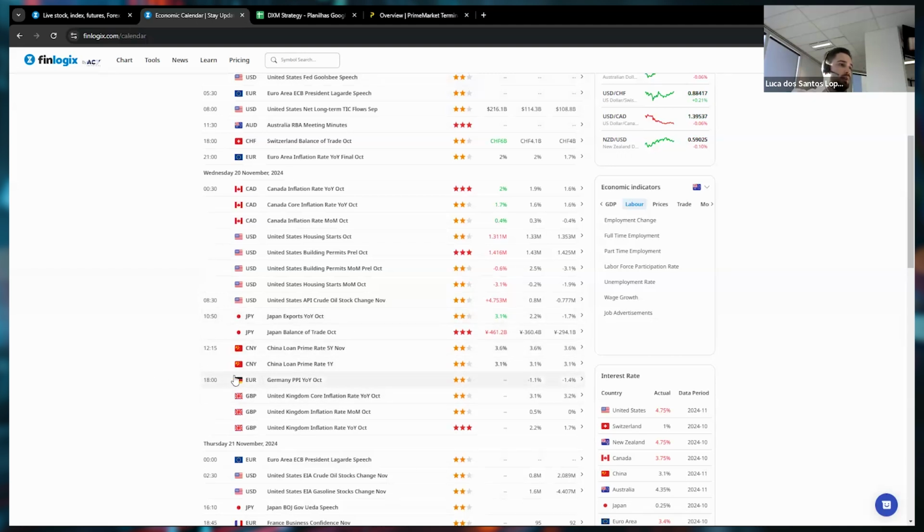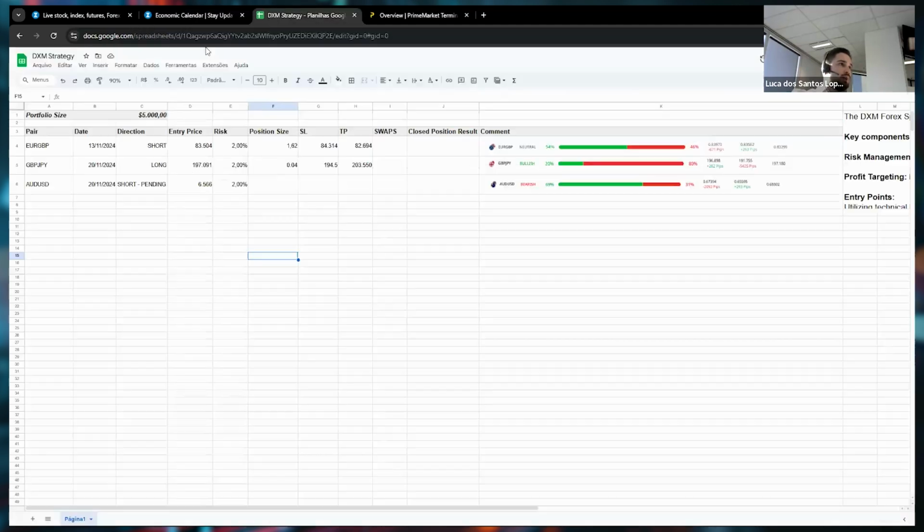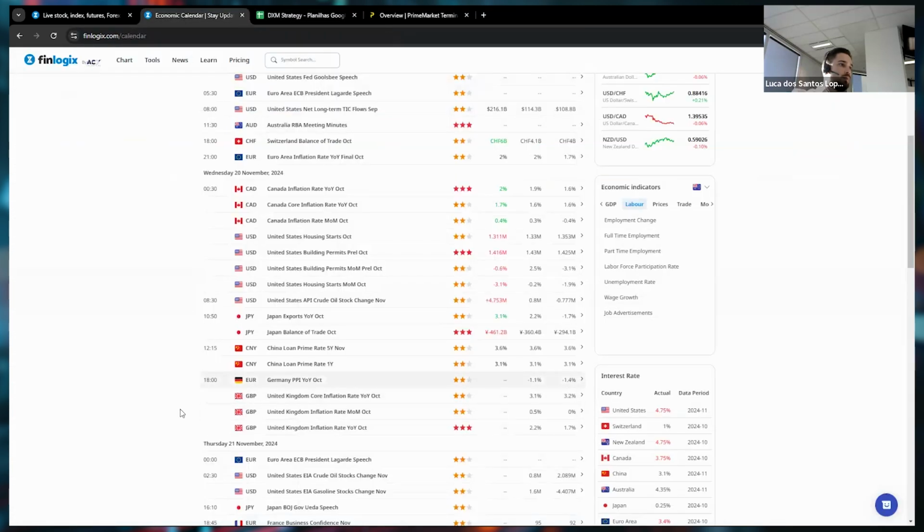But most important, because we have exposure on GBP at the moment, is 6 p.m. tomorrow: Germany PPI, as well as the inflation rate for UK. They're expected to come in somewhat higher, but the core inflation is expected to come in lower. If the German PPI comes in better than expected, our trade is going to be really, really good.